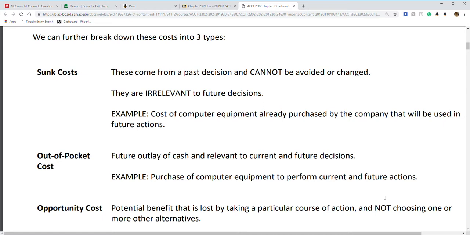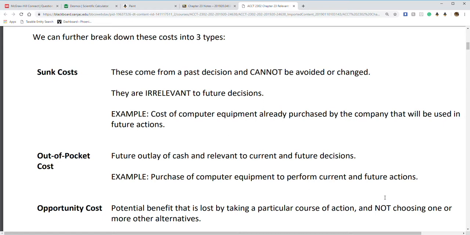To relate to this one, the best example is anything with insurance. They have out-of-pocket costs labeled right there, and that's your deductible that you have to pay first. That's your out-of-pocket cost. That's our cost for something that we're about to do, something in the future.